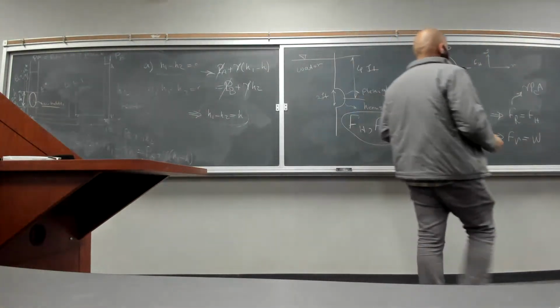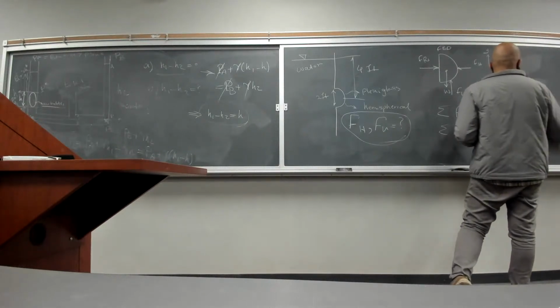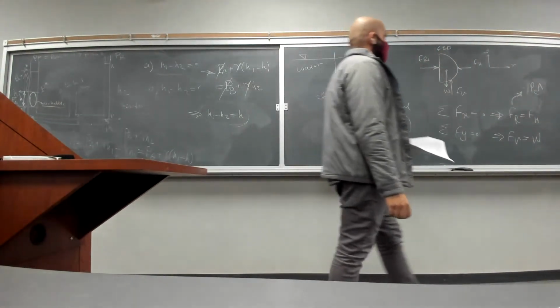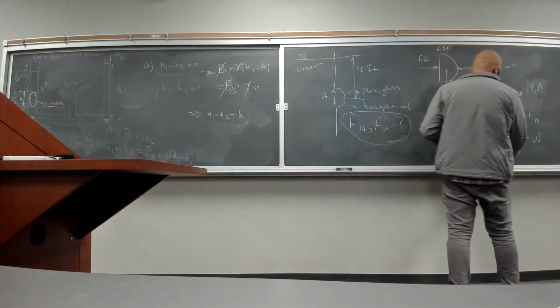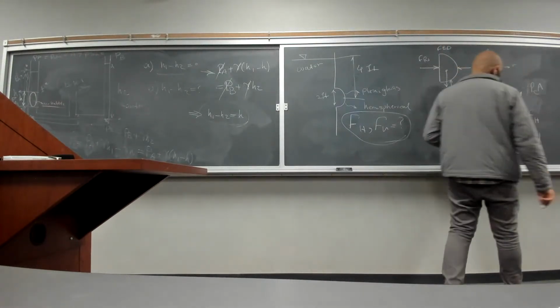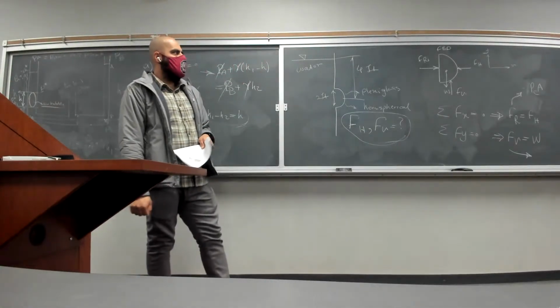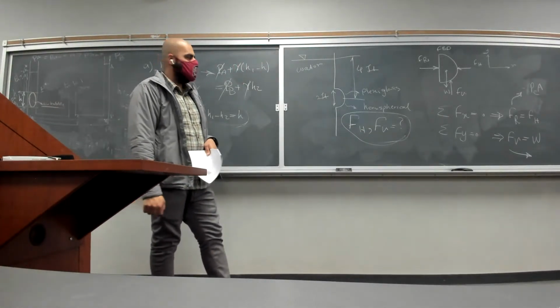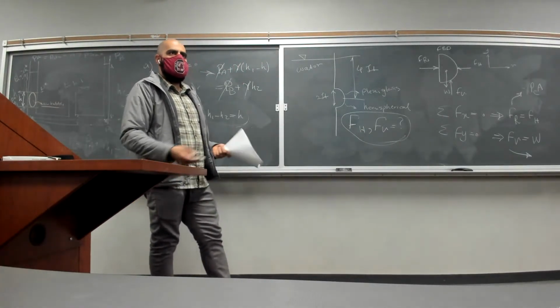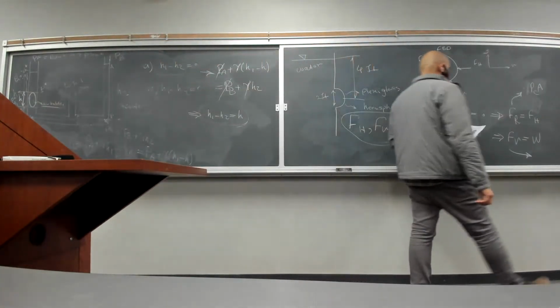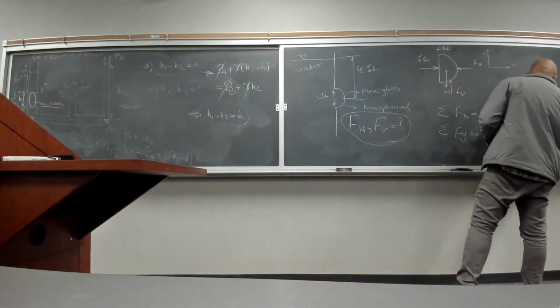Sorry, the gamma is already included in the pressure, so PC is multiplied by A. And for weight, how do we calculate the weight of this body? It's your gamma multiplied by the volume, right? Rho G multiplied by the volume.